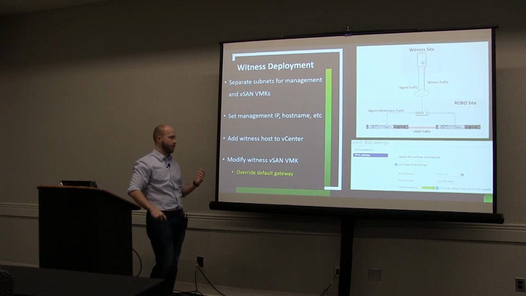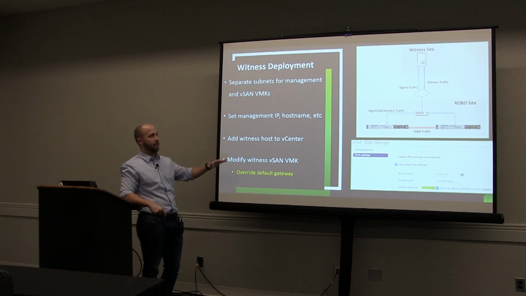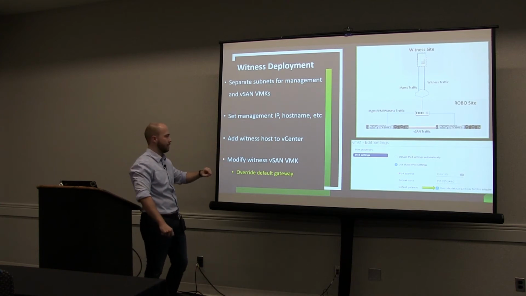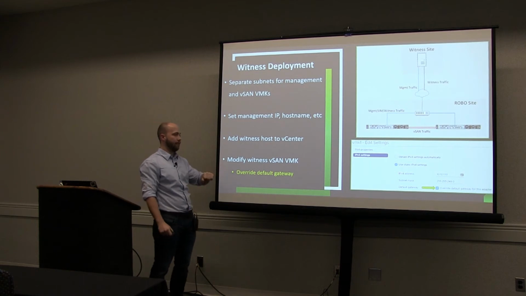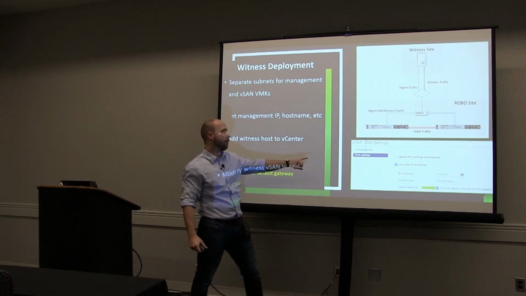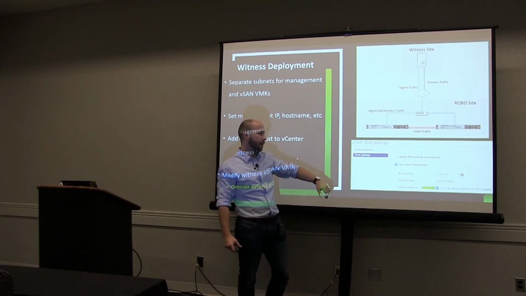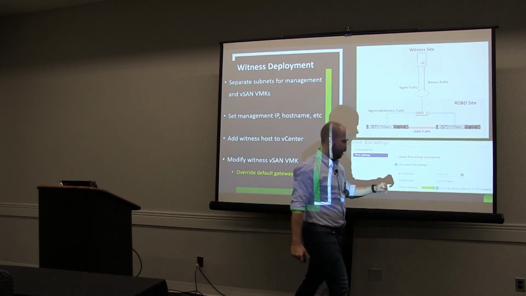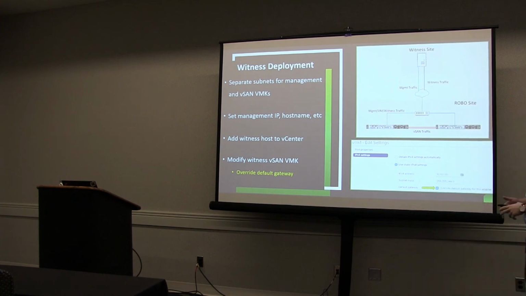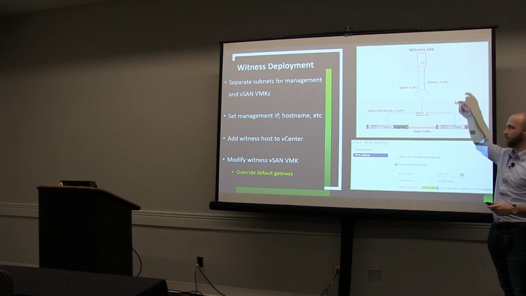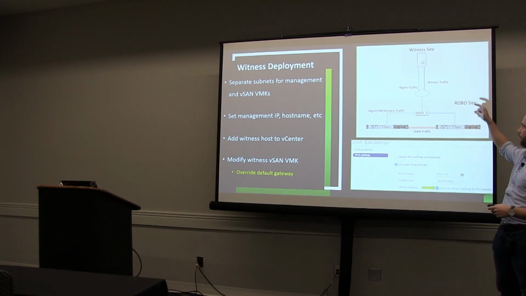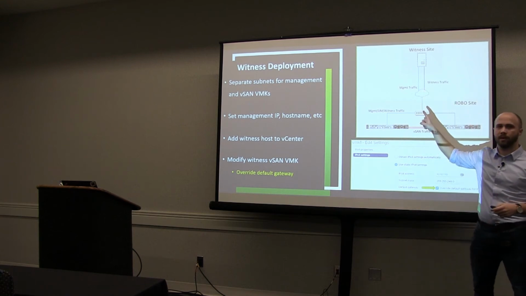Last step for it is to then modify the vSAN VMK on the witness appliance to override the default gateway. So you're going to configure this VMK on the witness. You're going to give it a static IP, but for some reason, by default, the witness traffic coming from the witness will get rerouted and use the management network.